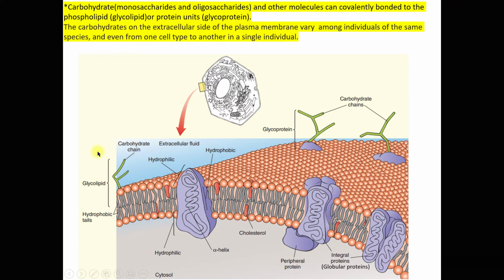Always remember, this is the extracellular layer of the bilayer, and this is the intracellular layer of the phospholipids. Now, the carbohydrates on the extracellular side of the plasma membrane vary among individuals of the same species and even from one cell type to another in a single individual.